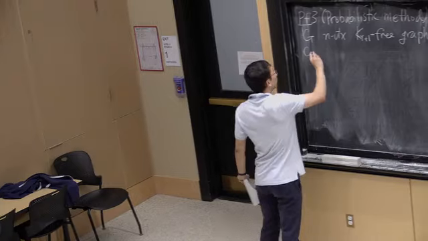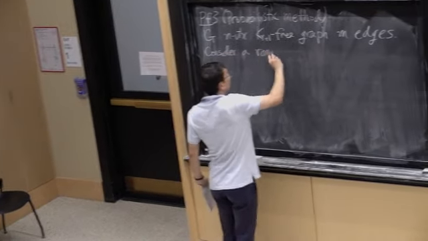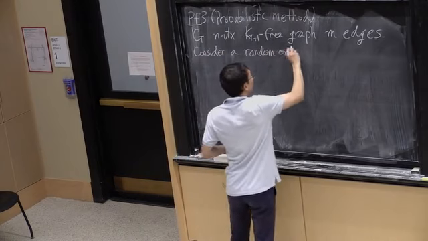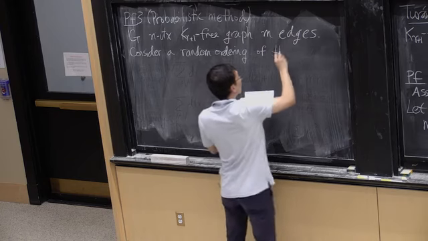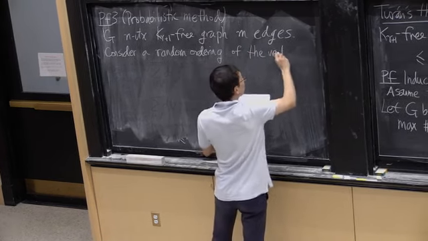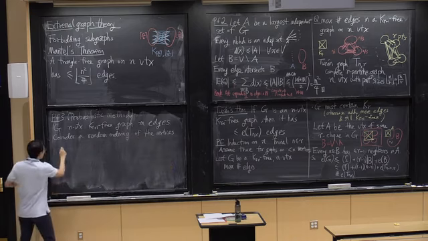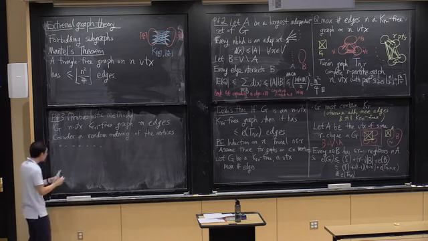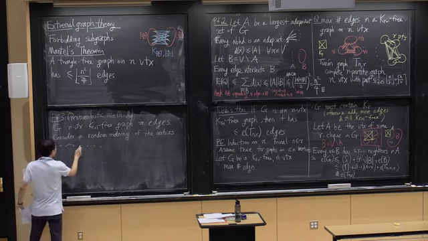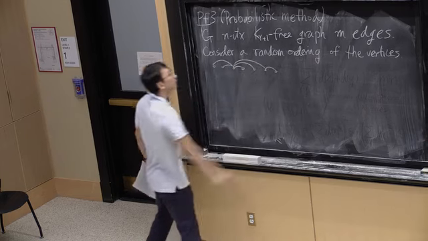So consider a random ordering of the vertices. I put all the vertices on a line, where the vertices are chosen in random order, and you see some of the edges like that.